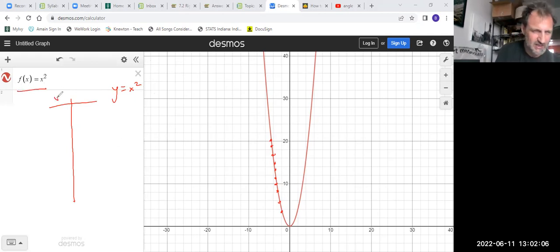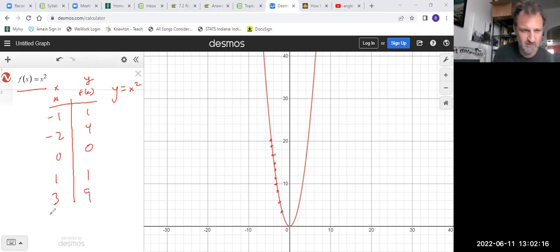Okay, x, f of x, x, y, right? -1, 1, -2, 4, 0, 0, 1, 1, 3, 9, 4, 16. And so the graph is just the collection of all of those, infinite number, right? Because inside any little interval, there's lots and lots and lots of solutions or input-output pairs that would make that work.